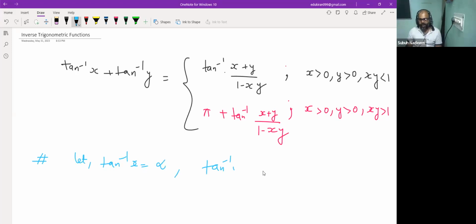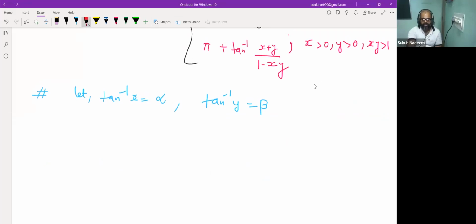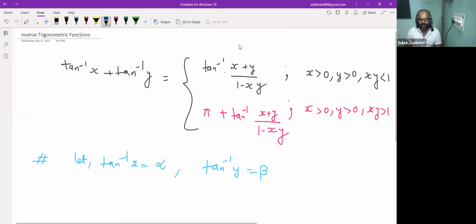And since we are taking x positive and y positive, tan inverse x will give you alpha, which will belong to 0, pi by 2.